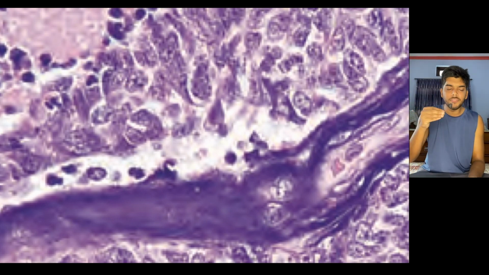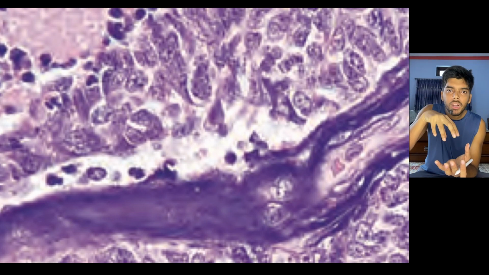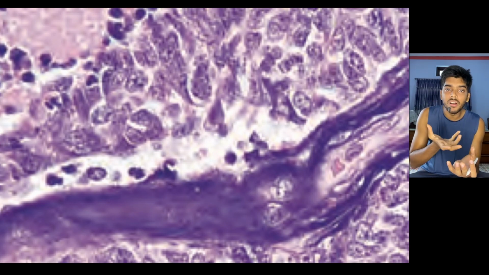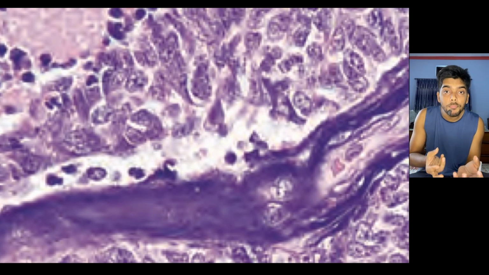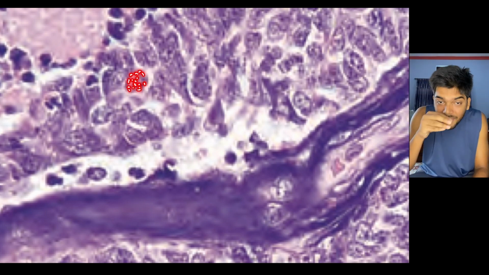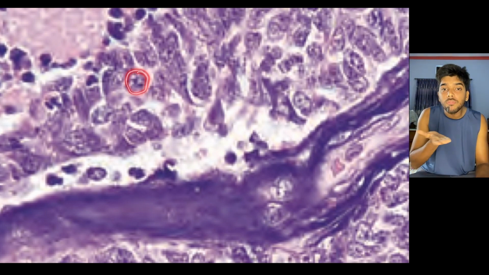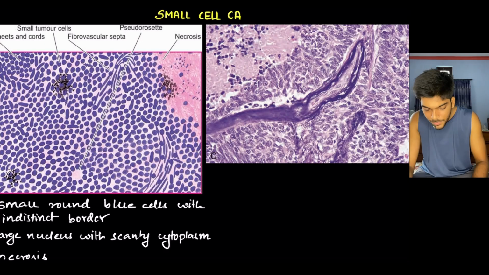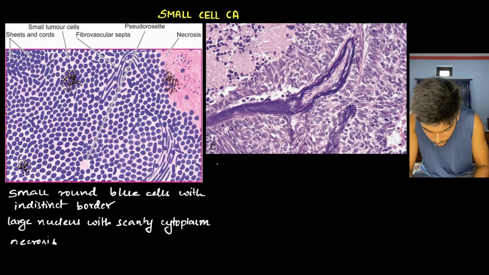It seems as if there is pepper on top of salt, giving a salt and pepper appearance. That is due to the presence of fragmented chromatin material, giving that dark fragmented appearance on top of white background. So this gives salt and pepper appearance of the cell.